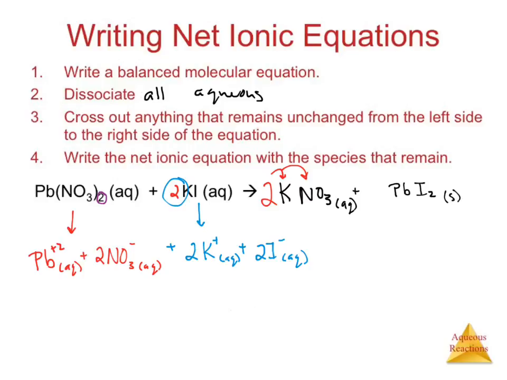Right? Then what do we do? We keep the solid together. PbI2 solid. We do our next equation: K plus aqueous plus nitrate minus aqueous. There's 2 of each of those.